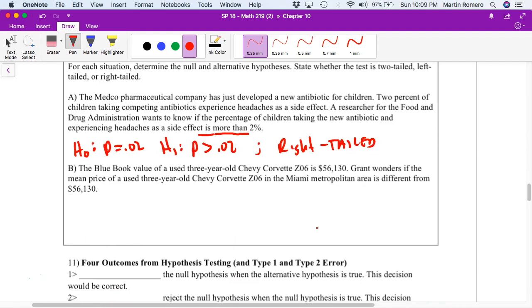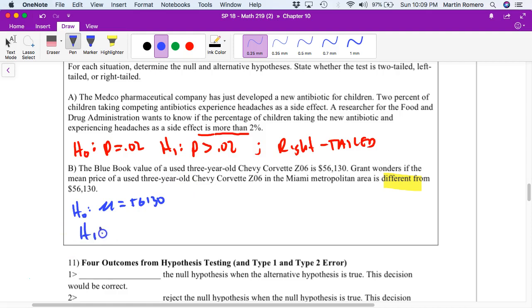Next example: the blue book value of a used car is $56,130. Grant wonders if the mean price of the used car in the Miami metropolitan area is different. If it is different, that's the key. So in this case, the null hypothesis is that the mean is equal to 56,130.